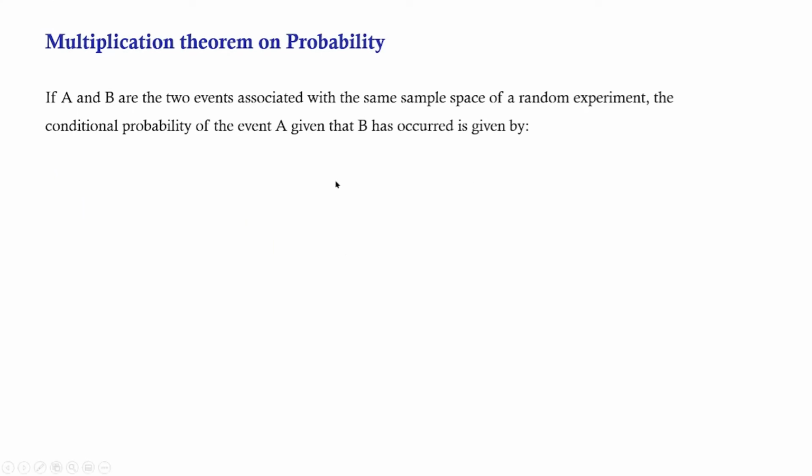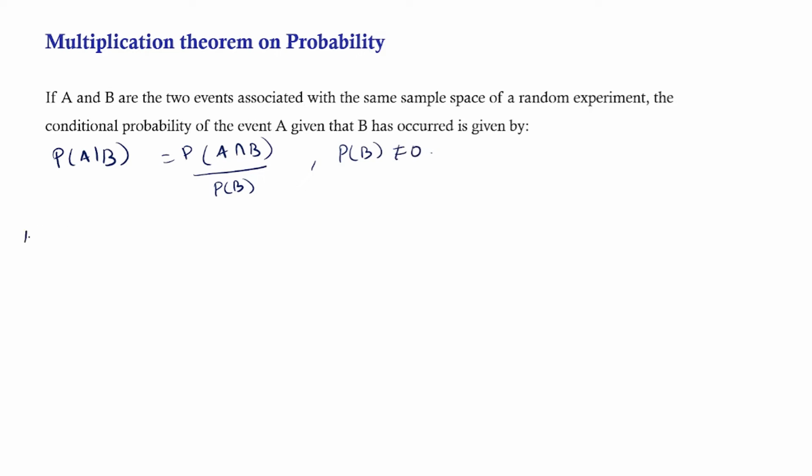First we will see the multiplication theorem on probability. If A and B are two events associated with the same sample space of a random experiment, then the conditional probability of event A, given that B has already occurred, is given by probability of A given B, equal to probability of A intersection B upon probability of B, provided probability of B is not equal to 0.